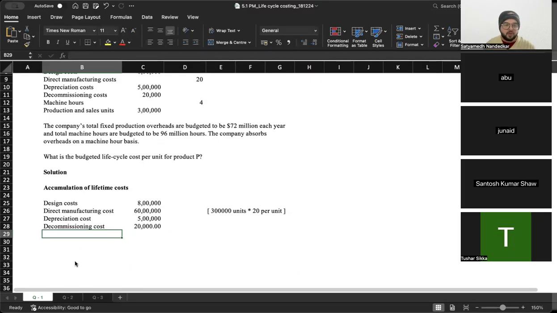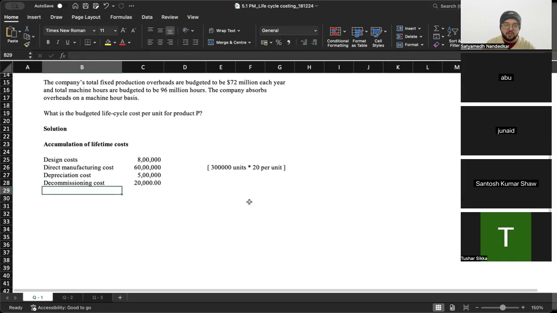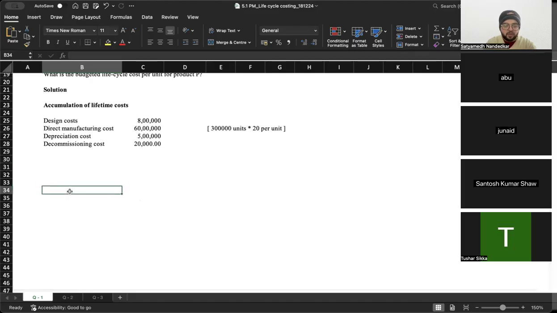The company absorbs overheads on a machine hour basis. Now, company's total fixed production overheads, not fixed production overheads for this item. The total fixed production overheads are budgeted to be 72 million each year, and total machine hours are budgeted to be 96 million.